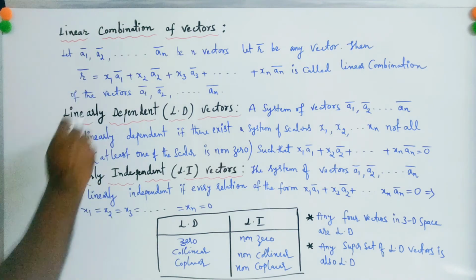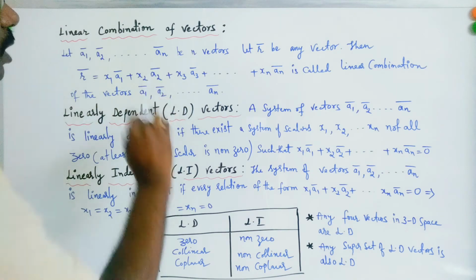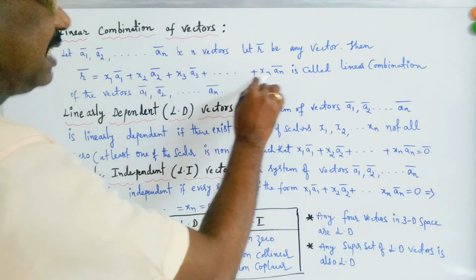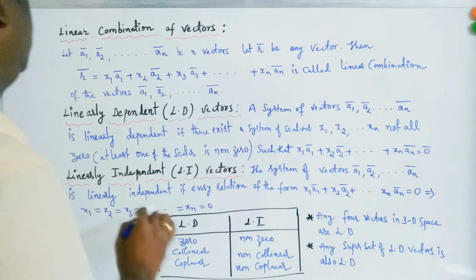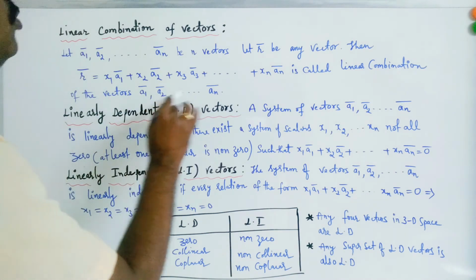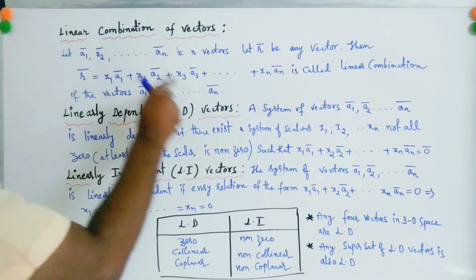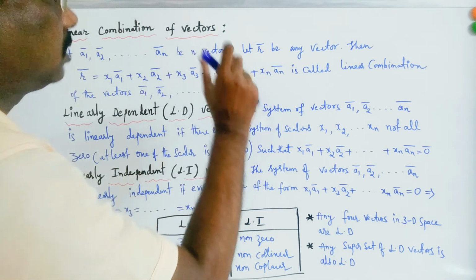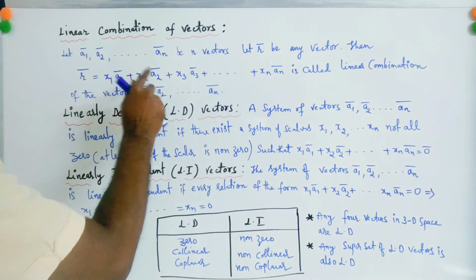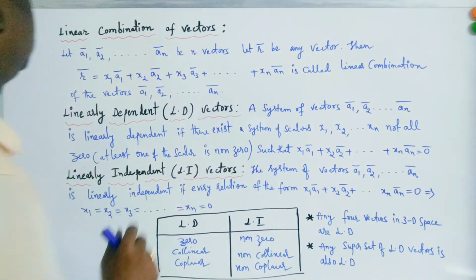R bar is equal to x1 A1 bar plus x2 A2 bar plus x3 A3 bar up to xn An bar, which is called a linear combination of the vectors A1 bar, A2 bar up to An bar. Here x1, x2, x3 up to xn are scalars, and A1 bar, A2 bar, A3 bar up to An bar are vectors.